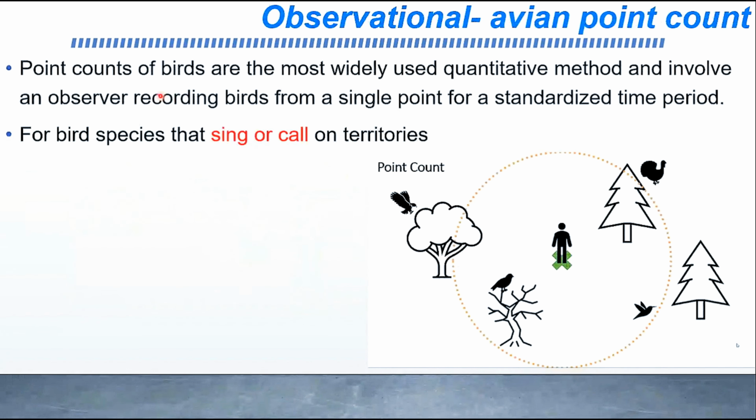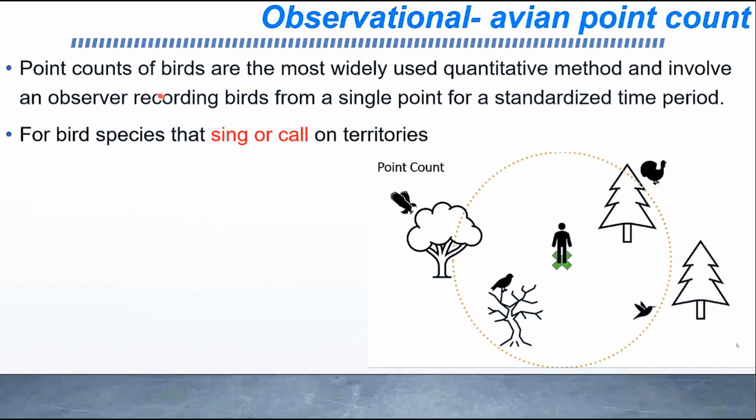Okay, sometimes it becomes difficult for us to travel, right? Or sometimes it becomes difficult for you to move through a dense forest, right? So during that time, what you do is you don't move. You just stand in a particular place, or you set up your sampling station in a particular place.